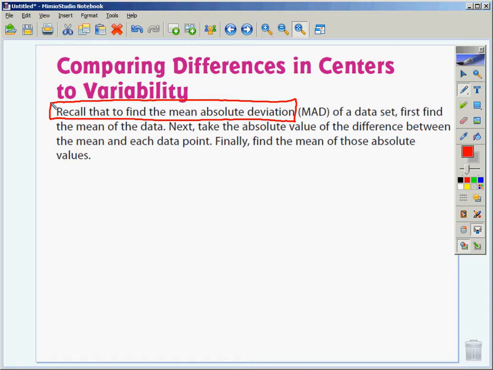But I'm going to tell you, it's not difficult. If you try to go strictly by the examples that are in this packet, you're going to get confused.